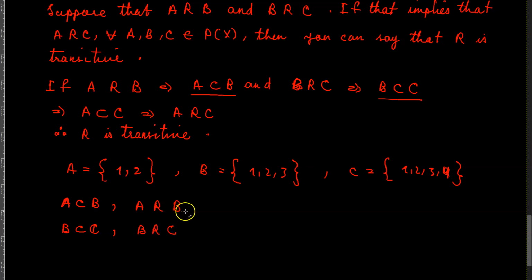Right? And of course you can see that A is a subset of C as well, because A is a subset of B and B is a subset of C, so A is a subset of C automatically. And therefore A is related to C, right? So that means that R is transitive.